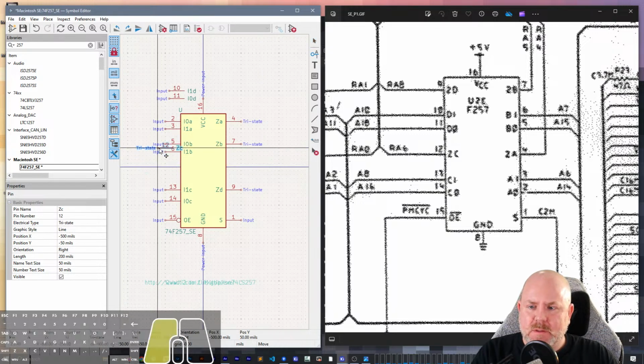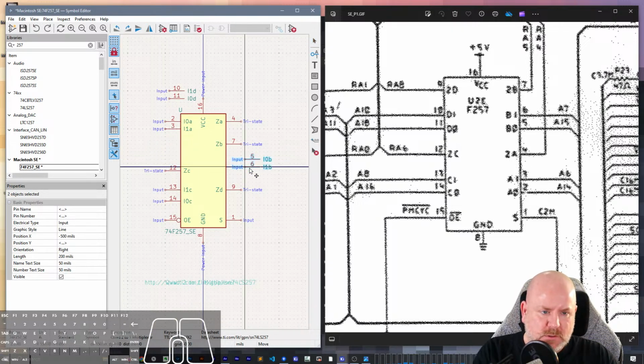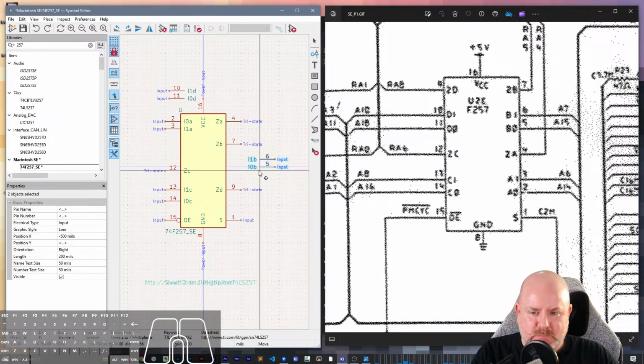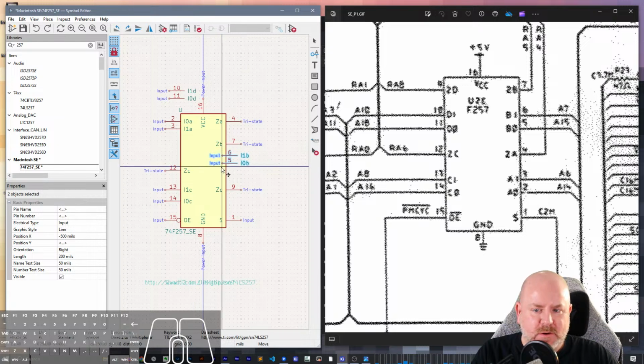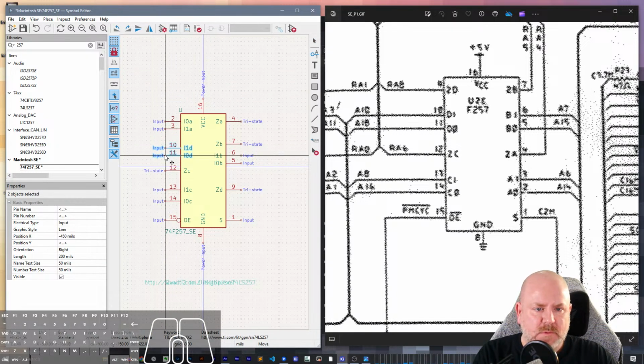And then this, oh, what are you doing? Why'd you do that? What are you doing? KiCad. I'm going to start calling you the wrong name if you're going to do this. All right. And then 10 and 11. Still not sure.